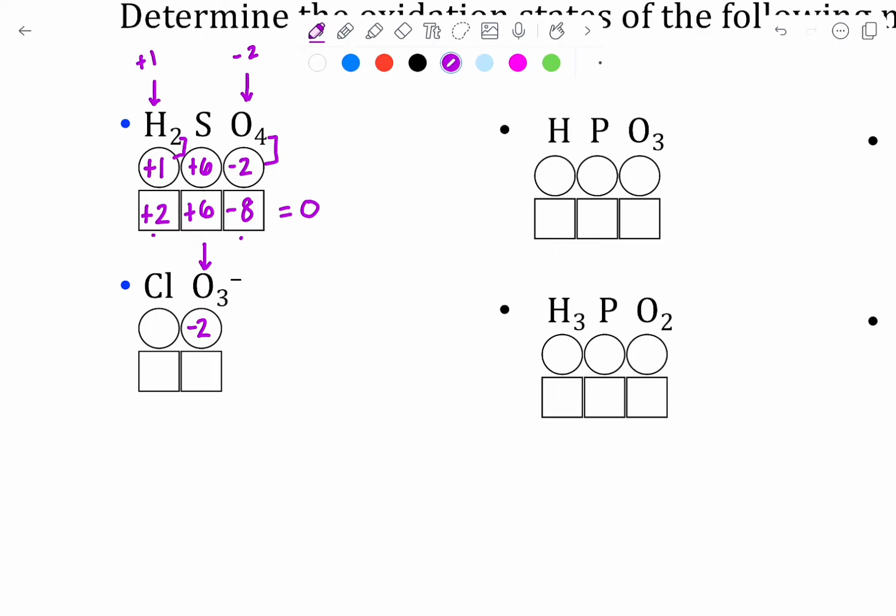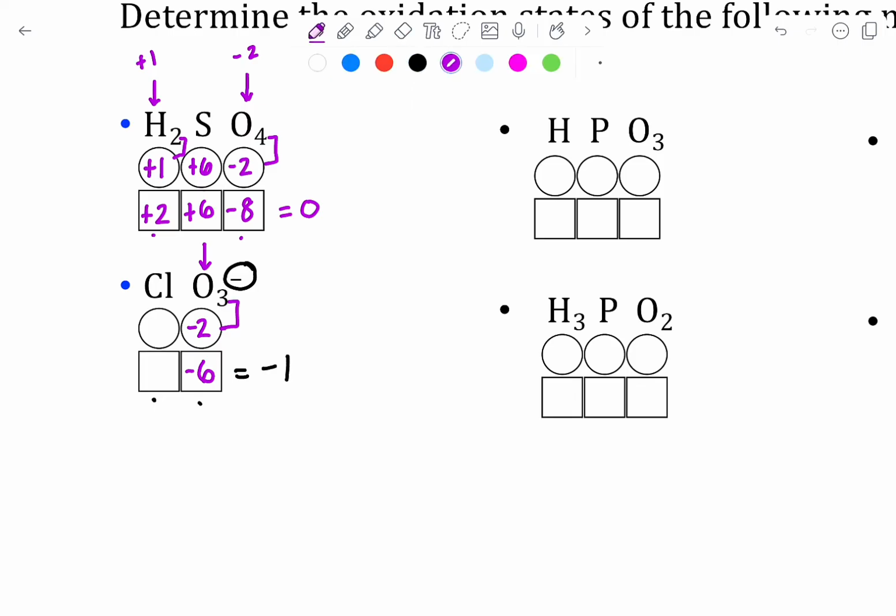So we have oxygen being -2. There's 3 of them, so that overall contribution is -6. Now, since this molecule has a charge of -1, this has to equal -1. So the sum of the boxes has to equal -1.